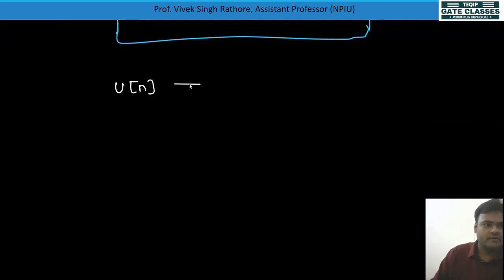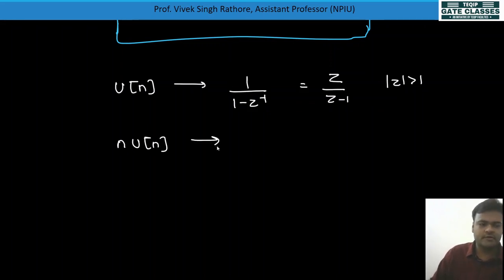You know its z transform is nothing but 1 by 1 minus z inverse, which means z by z minus 1, and mod z is greater than 1. This you know already. If we multiply n into u of n, then what we'll get? We'll get minus z d by dz into z by z minus 1.